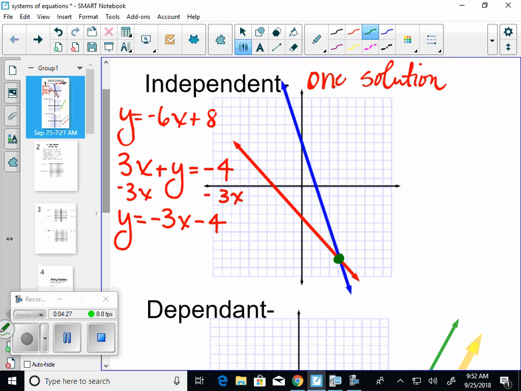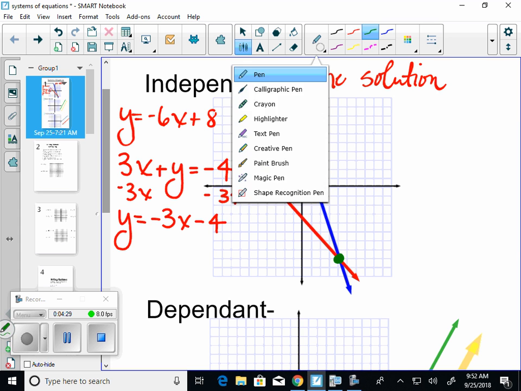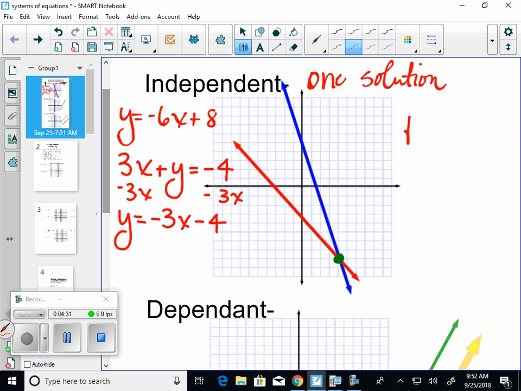So I can see that there's one solution, and they will also have different slopes. Did these have different slopes? Yes. The first one had a slope of negative 6, and the second one had a slope of negative 3. So independent systems will have one solution, and the two lines will have different slopes.